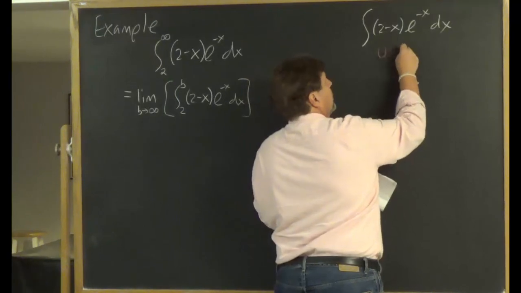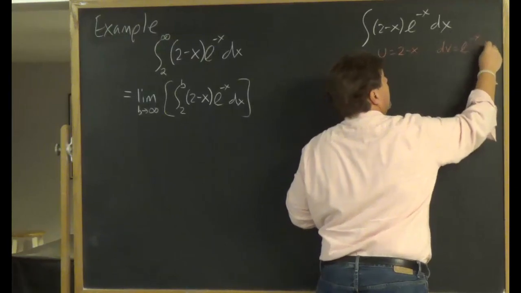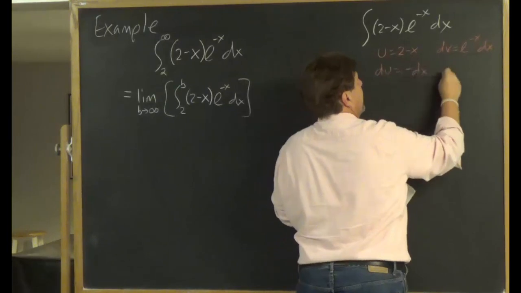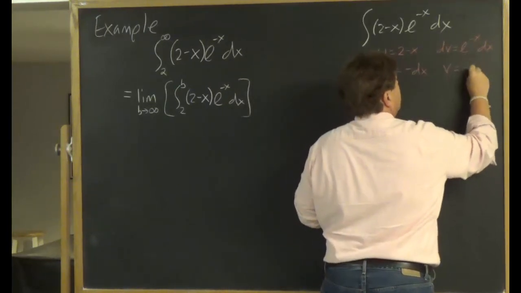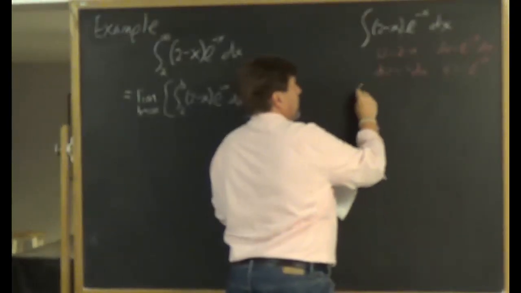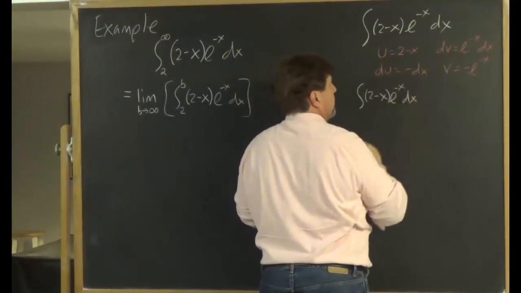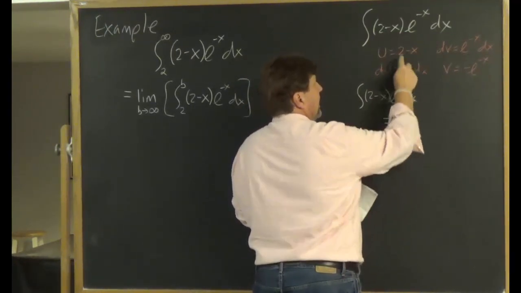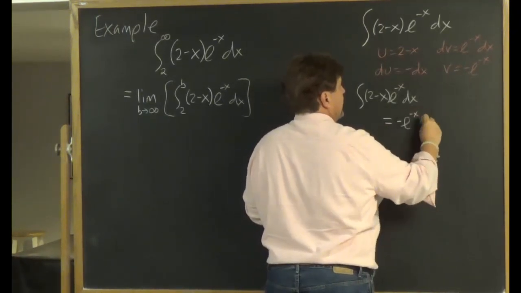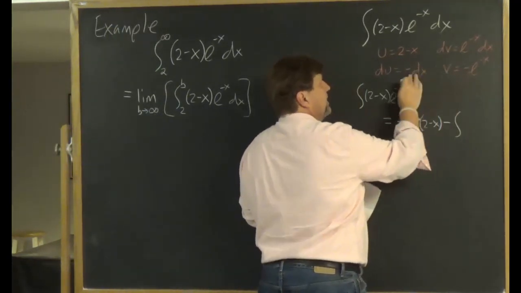I'm going to let u equal 2 minus x, dv equal e to the negative x dx. So we get du is just the negative dx, and v is negative e to the negative x. So when I take my original integral and I crank it through integration by parts, I get u times v. So negative e to the negative x times the 2 minus x minus the integral of v du.